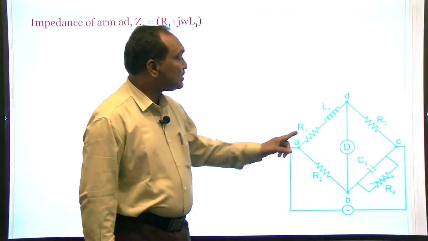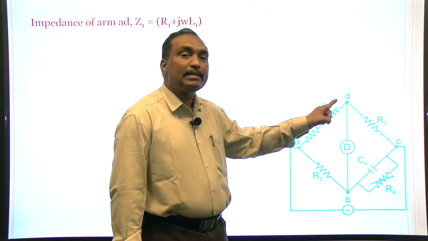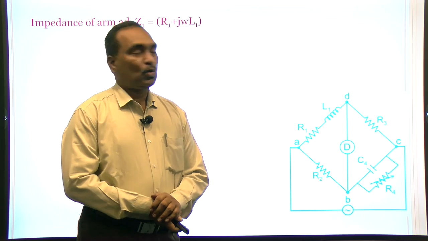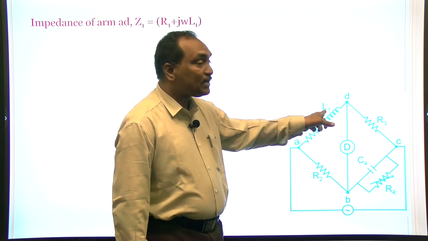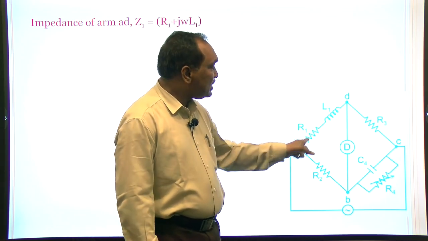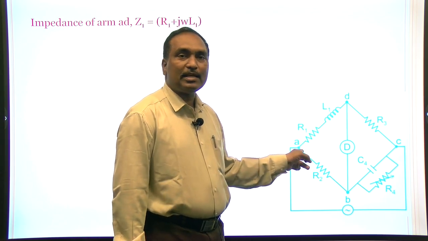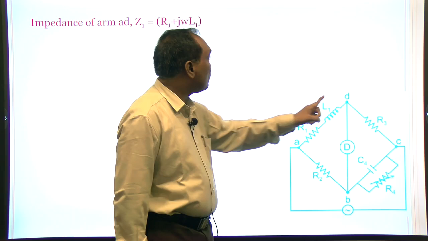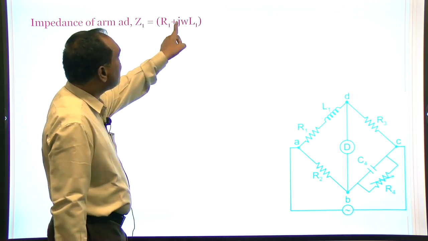That resistance of an inductance is called the inductive reactance, L omega, or for inductance L1, L1 omega. Since these are in series, the resultant impedance Z1 is equal to R1 plus j omega L1.